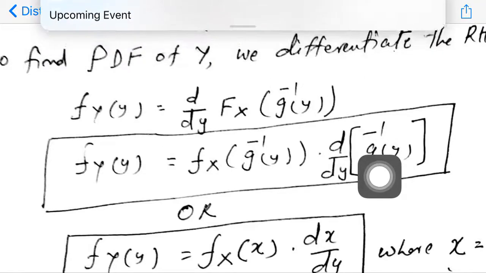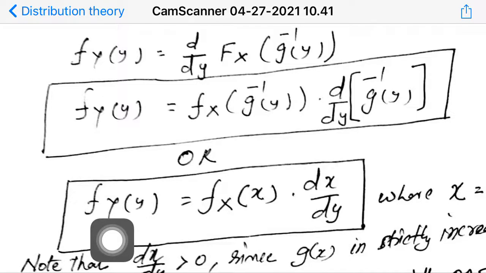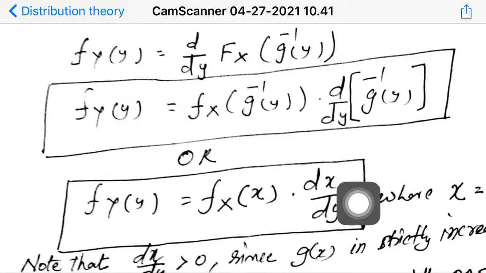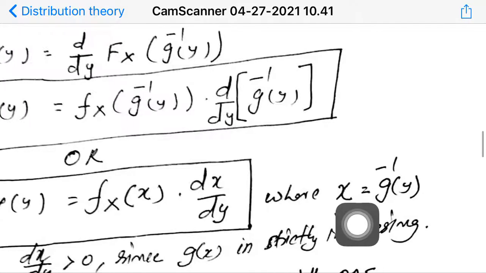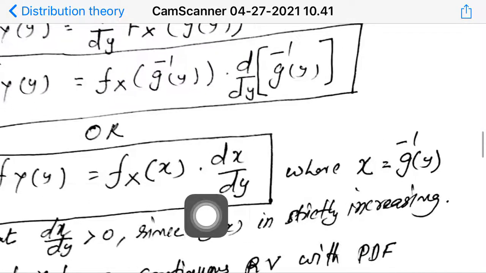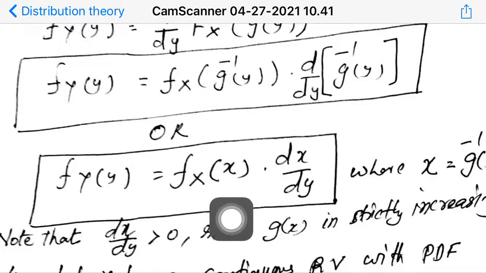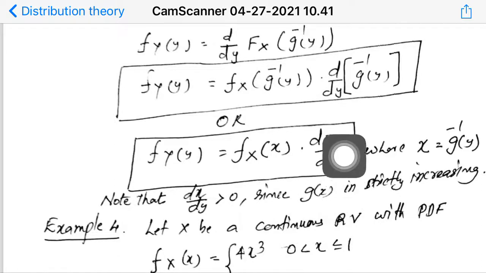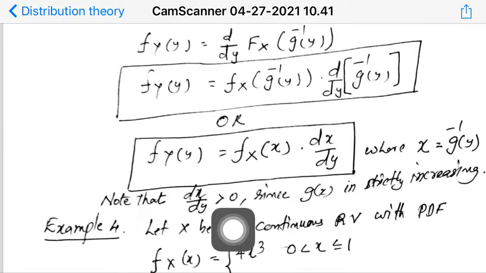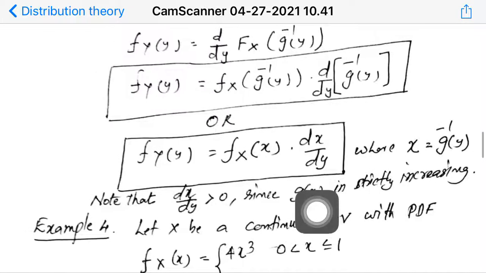Therefore, if you change this formula like this: fy of y equals fx of x into dx by dy, that will be easier to write down the formula, where x is equal to g inverse of y. So this formula you remember. And another thing to be noted is dx by dy will be positive, because g of x is strictly increasing.